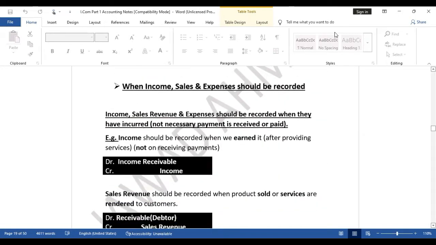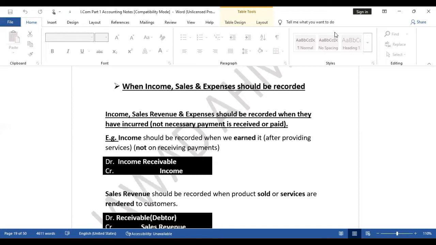When income, sales, and expenses should be recorded, we have already studied this concept in our previous classes. They should be recorded when they have been incurred or earned. For example, when an income is earned, the income should be credited, but the cash or bank balance is not received. Therefore, income receivable account should be debited.